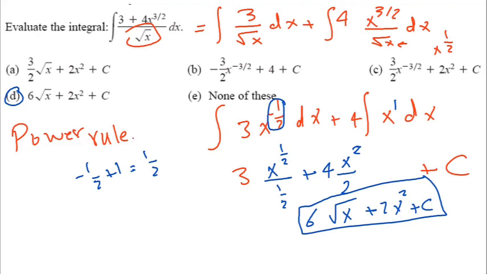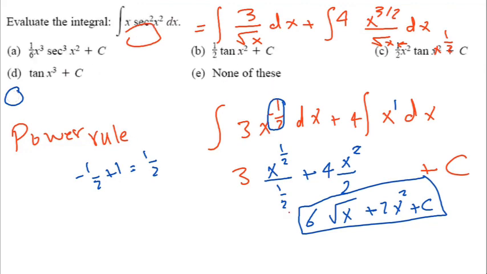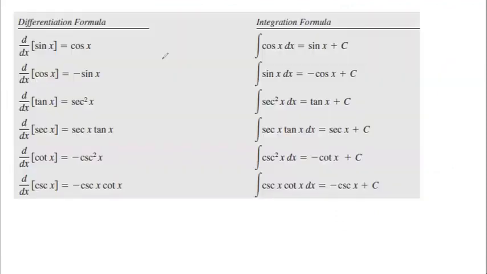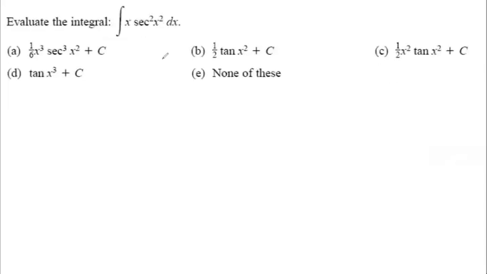Okay, so the next basic question about integration is the integration of sec squared x. As we just saw in the rule, integration of sec squared is tan x, but we need the derivative of the angle to be out there.